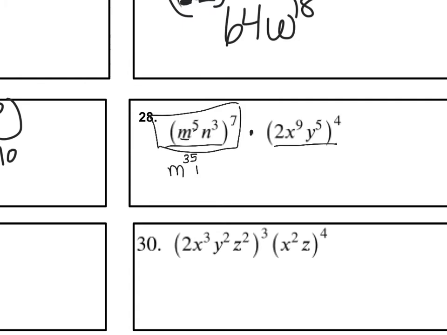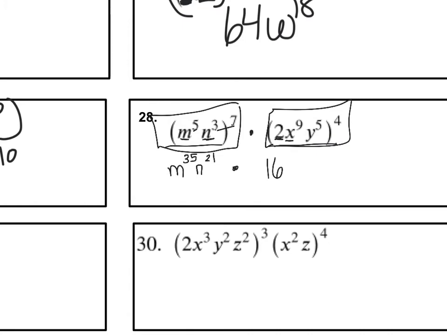And then the n, so different base, to the 3rd to the 7th. One base, two exponents, 3 times 7 is 21. Now bring down our multiplication. Let's do this one. My constant 2, that's a regular number. So 2 to the 4th power, 2 times 2 is 4, times 2 is 8, times 2 is 16.